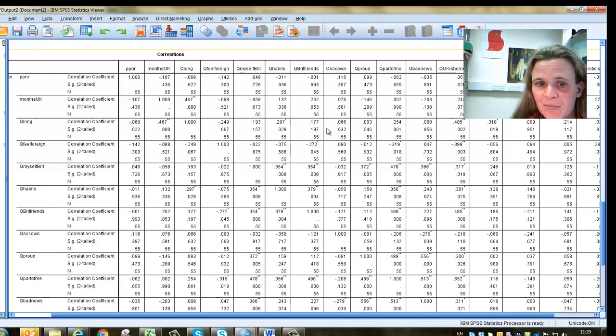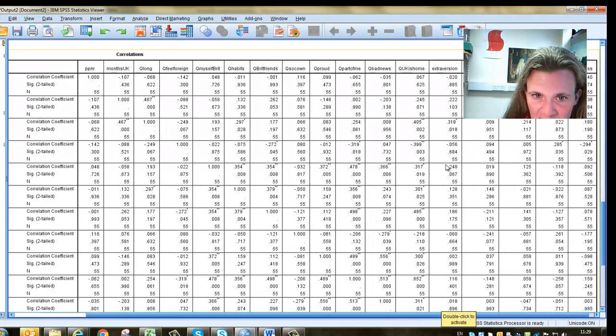In the same way, look through all of these correlations and see what's happened, and in particular look at what we actually predicted, whether these four correlate with anything.